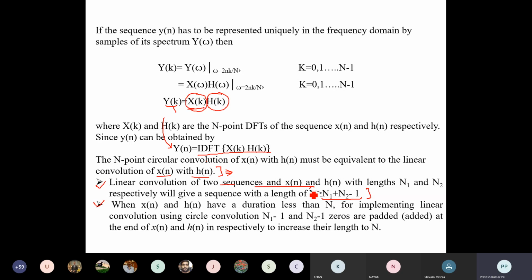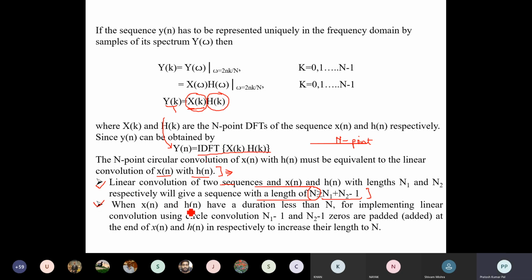Whatever the value is, it should be less than or equal to n, the n-point DFT we need to find out. This n-point DFT should always be at least n1 plus n2 minus 1. It will be clear by example. Now an example will be taken, and that will make all this clear.